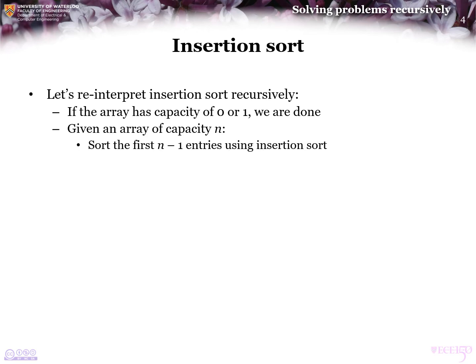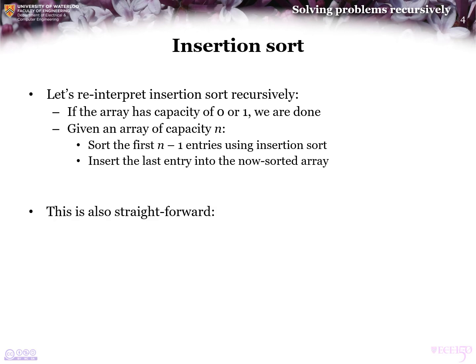So let's first recursively sort the first n minus 1 entries, again using insertion sort, and then we will insert the last entry into the now sorted array of n minus 1 entries. All right, straightforward enough. So here is the function body.